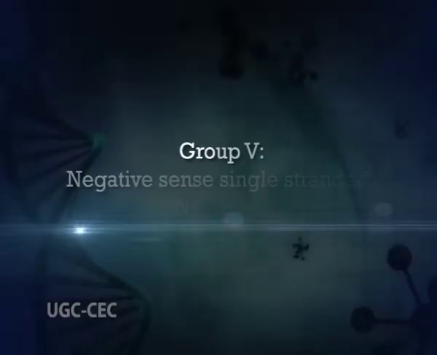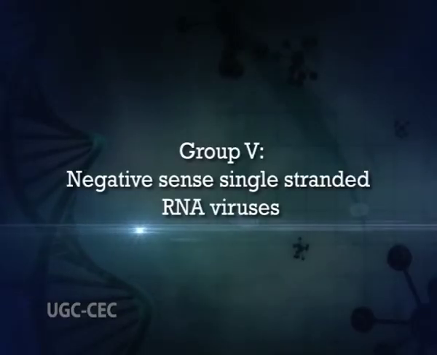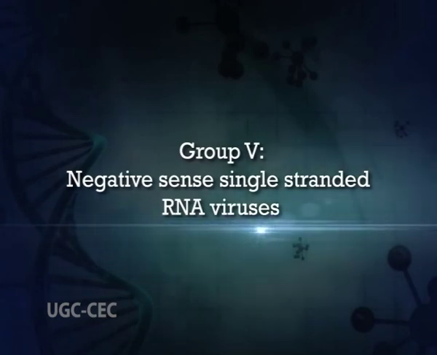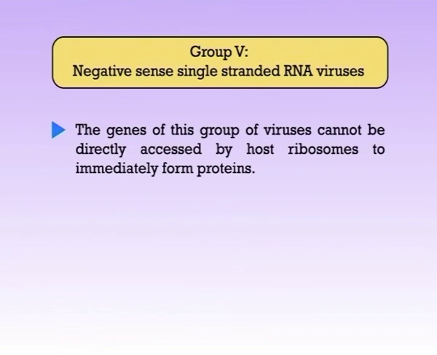Now coming to Group 5, these are the negative sense single-stranded RNA viruses. The genes of this group of viruses cannot be directly accessed by host ribosomes to immediately form proteins.